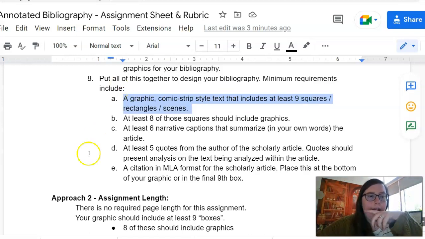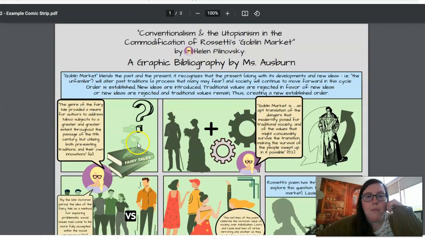If we are looking at an example, a comic or a graphic novel has sections, and I'm just going to pull my mouse over a section here. If you notice, for example, in the middle you see these 2 individuals, a plus sign and gears, and the space around that is like a section.